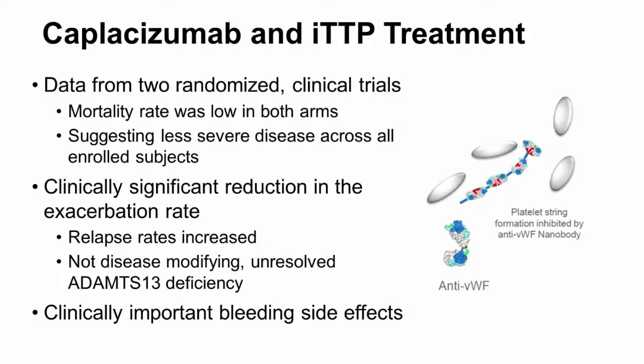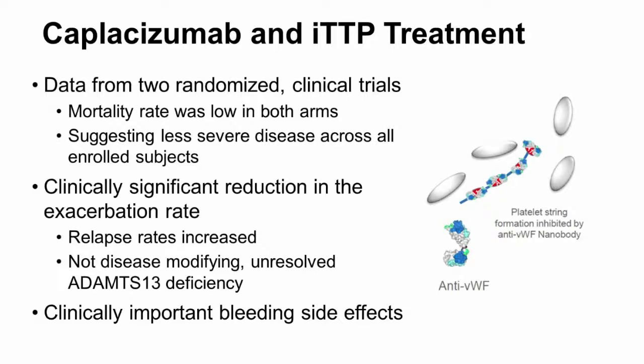In the first study, especially, relapse rates were increased, really likely a function of the end of the Caplacizumab dosing, which protected the patient throughout the exacerbation time period of 30 days. But after the Caplacizumab was stopped and there was persistent ADAMTS13 deficiency, recurrences of TTP occurred.